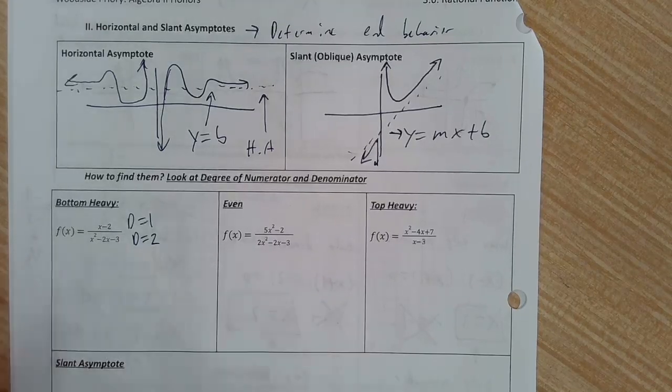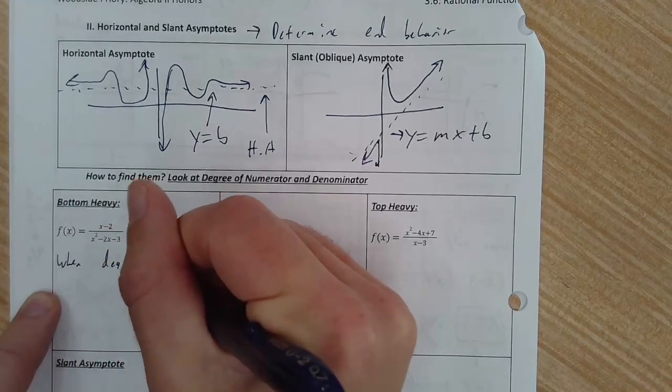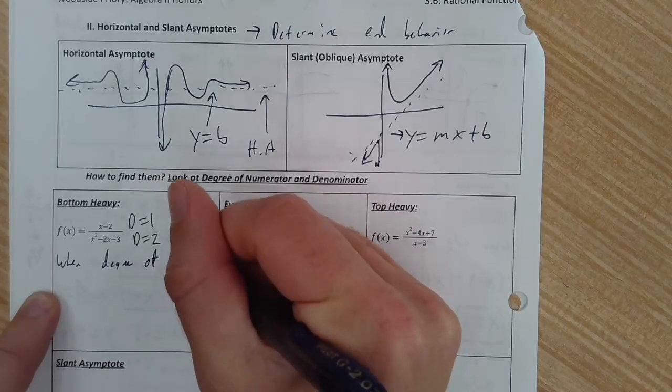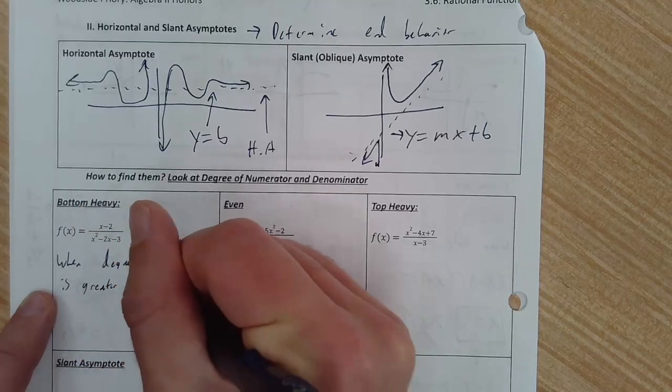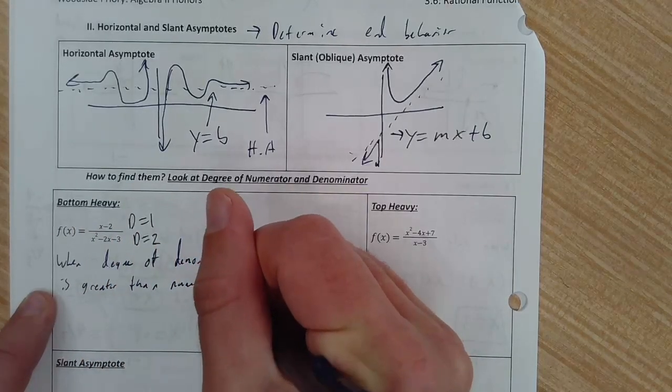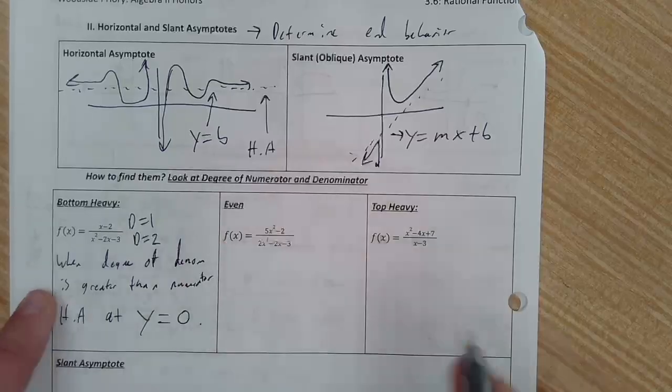So what that means is, as x gets bigger and bigger, you're plugging these big numbers in here, the x squared will always, in the long run, be bigger than the x. Think about 1,000 squared being so much bigger than 1,000. And as we get towards infinity, that becomes even more extreme. So when the degree of the denominator is greater than the numerator, we have an HA at y equals 0.